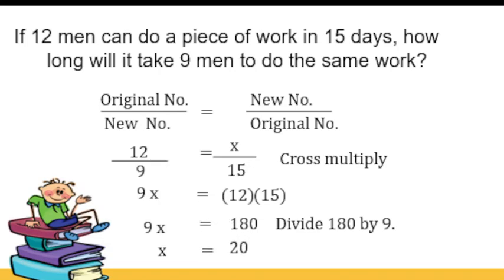Okay, so if 12 men can do a piece of work in 15 days, how long will it take 9 men to do the same job? So meaning we increase the number of days, since we decrease the number of men. Okay, next.